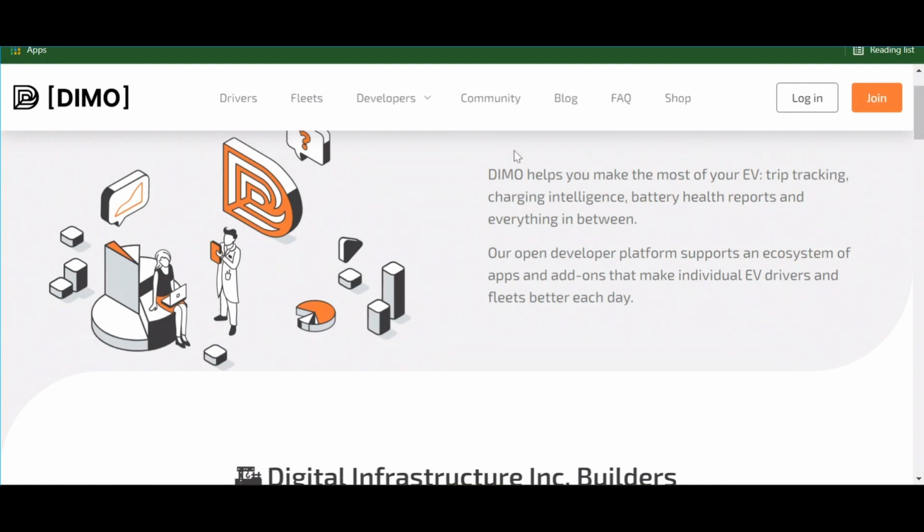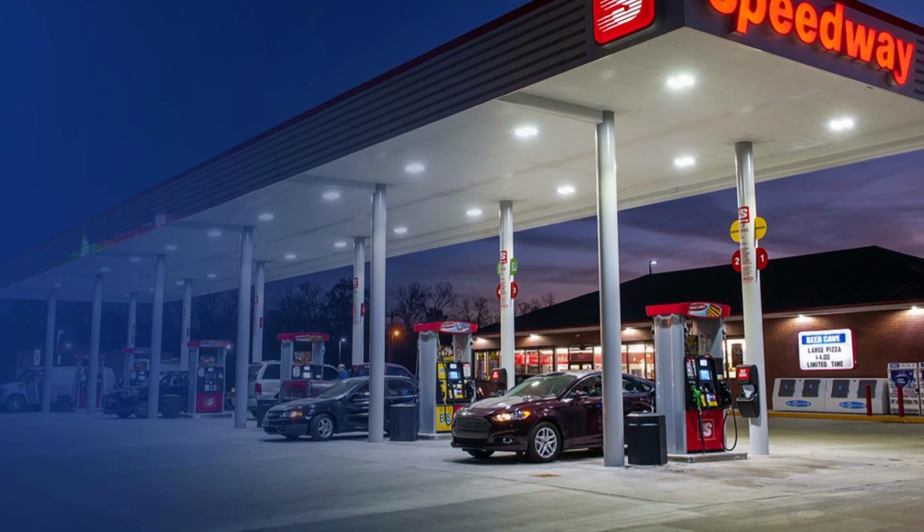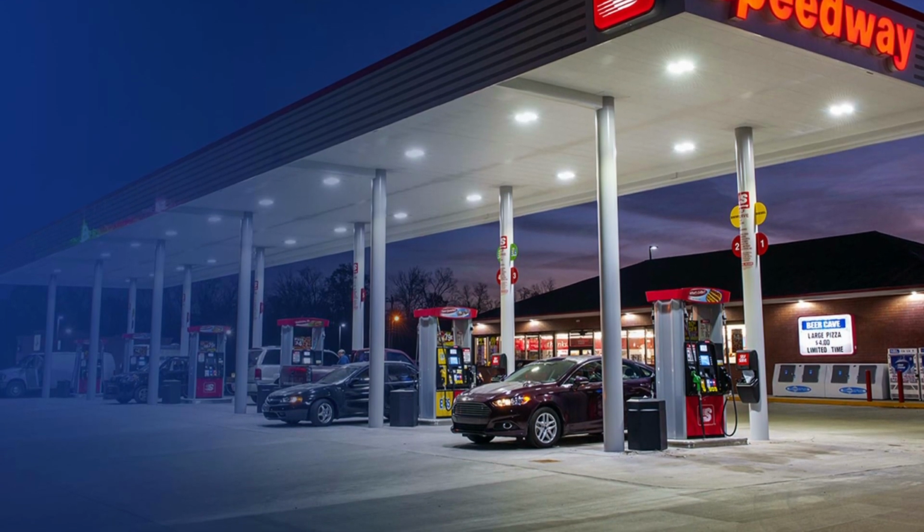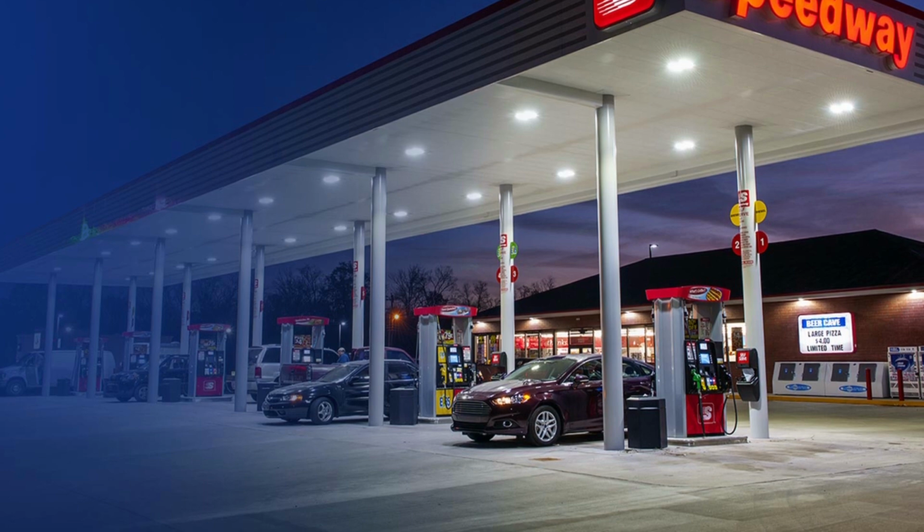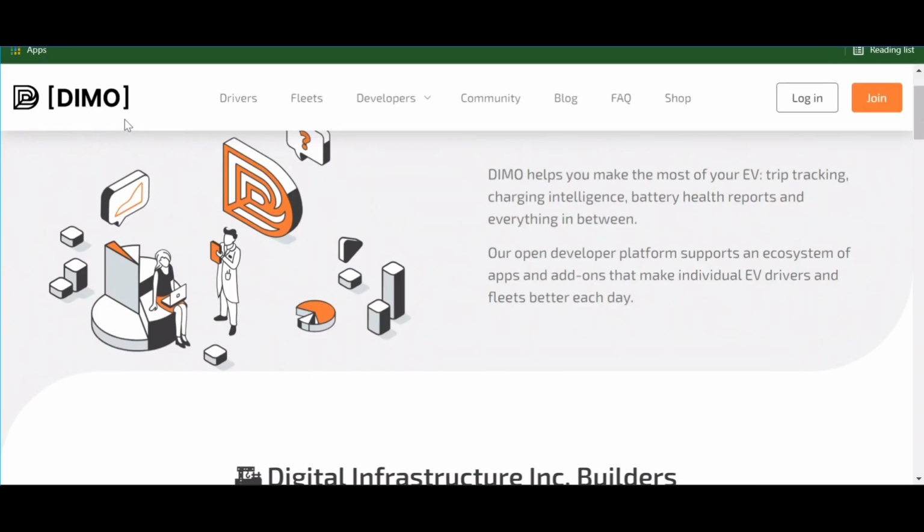And the Dymo tokens, what are they good for? What can you use them for? Well, so far they're saying you could redeem these Dymo tokens. They're working with Speedway. That's one of their big partners. They're trying to bring on board Speedway, and you can redeem them for gas cards and cigarettes. So that's basically the only plan they have now to redeem the Dymo tokens.